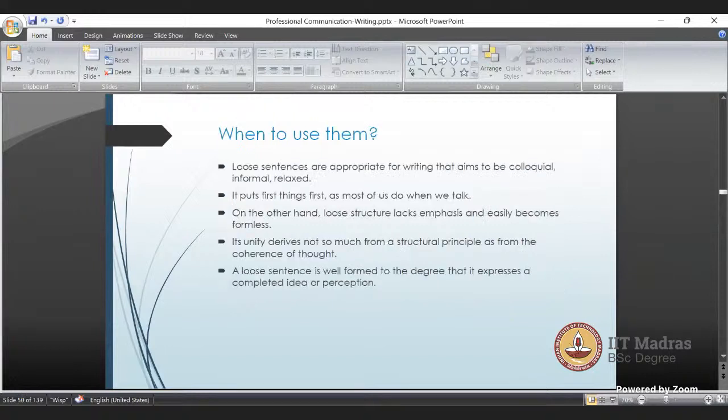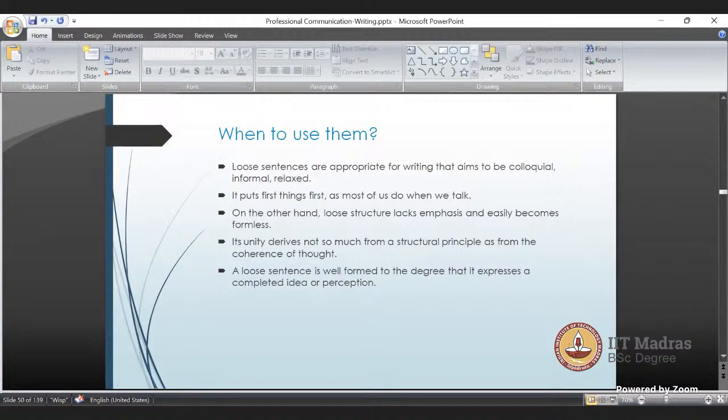Okay. Now, when can you use them? This is used mostly in informal situations. Okay, mostly it has a colloquial usage, right? And it goes by the principle first things first. Okay, so whenever you want to get things done quickly, right? You don't want to beat around the bush. You can use this fairly loose structure where you're placing things in a sequential order.